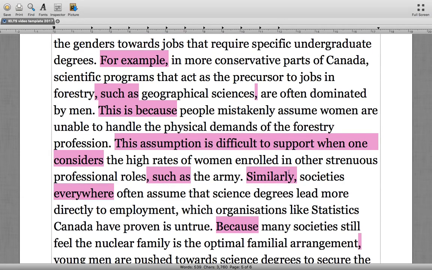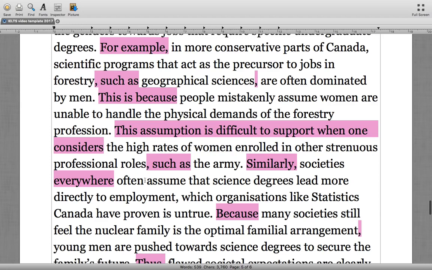"Similarly, societies everywhere often assume that science degrees lead more directly to employment, which organizations like Statistics Canada have proven is untrue." Now, I've highlighted the word "everywhere" because sometimes when you need to talk about something in general, for example, I'm talking about societies generally, it can help your language flow a little bit if you stick "everywhere" after it.